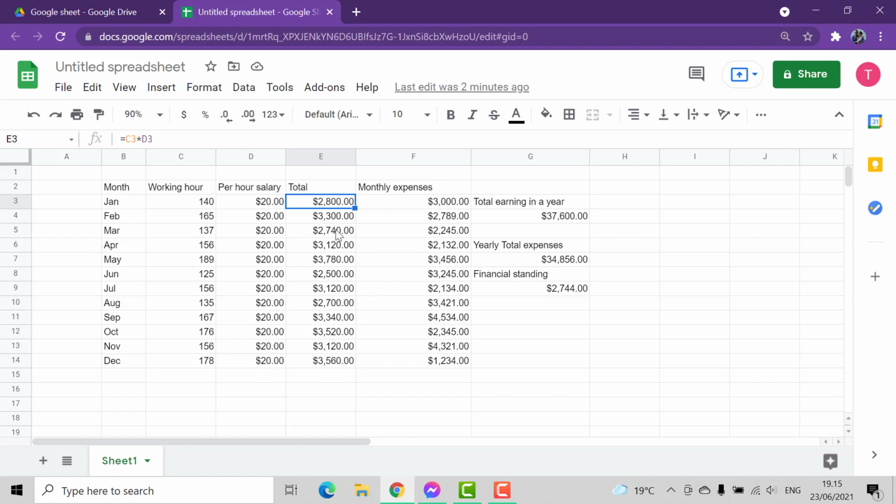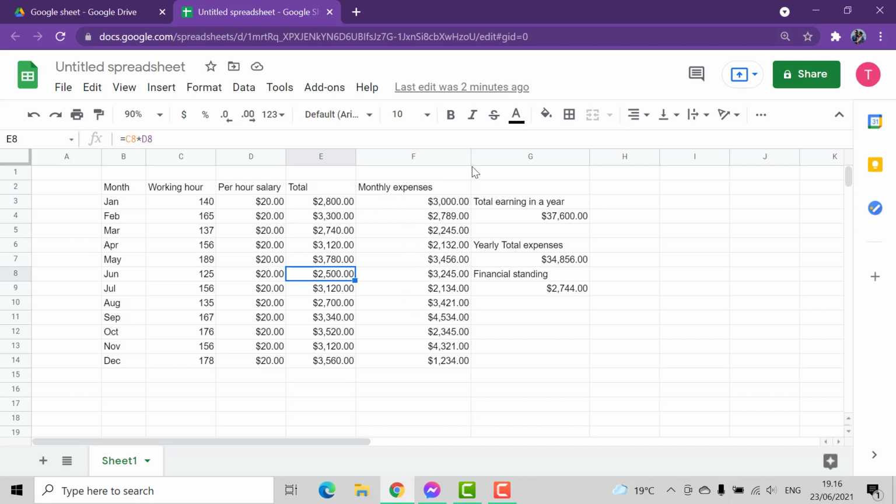And similarly, if you go here, this is also true for this one, working hours 137 multiplied by per hour salary 20, and thus it becomes 2,740. So these specific numbers are the salary for a specific month. So June salary is this one.